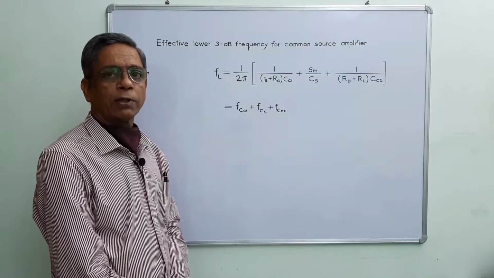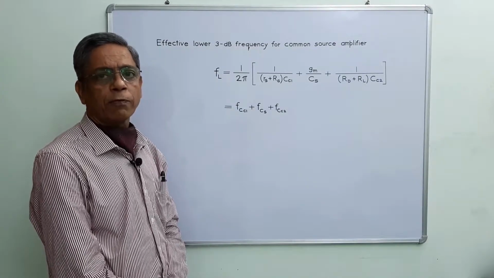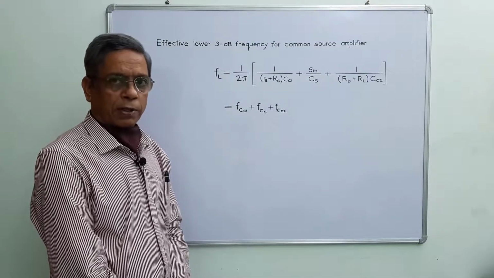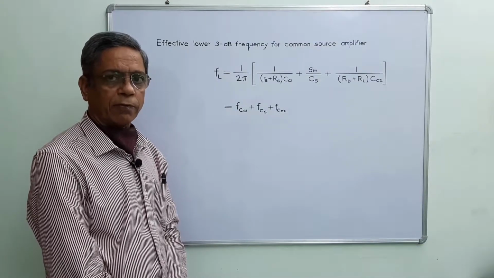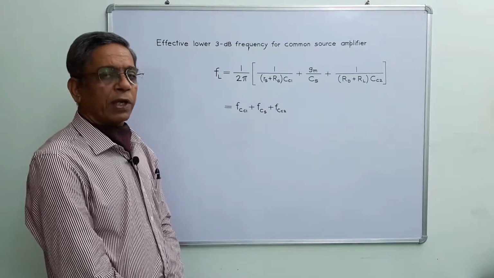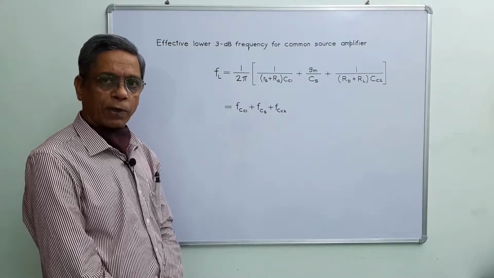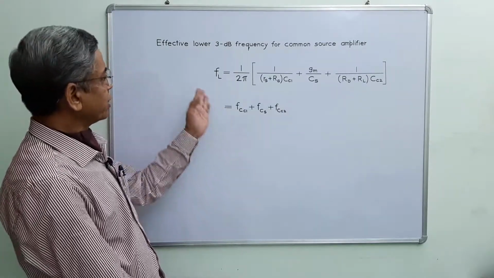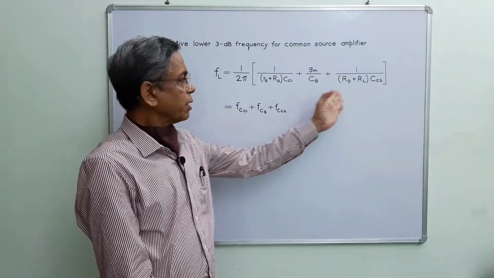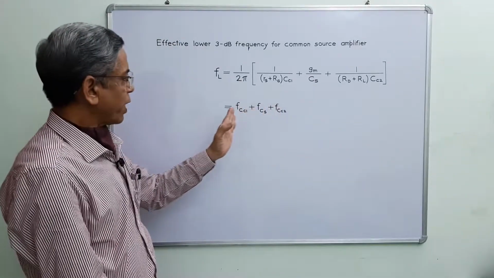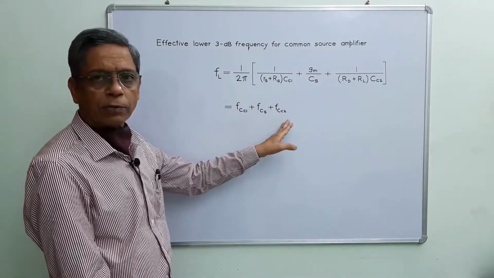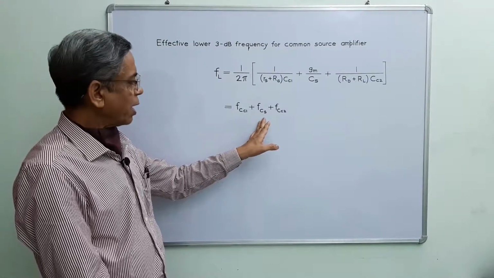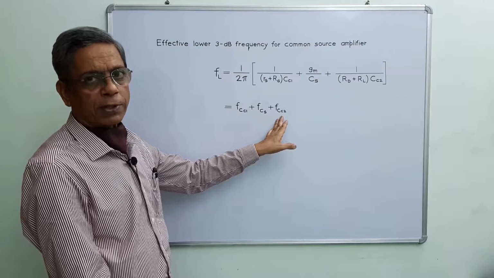Till now we have derived the expressions for the time constants for the coupling and bypass capacitors. As per the short circuit time constant method, we can write the expression for effective lower 3 dB frequency for the common source amplifier at low frequency band. This is a complete expression, and it is in fact the summation of these three frequencies corresponding to coupling capacitor CC1, the bypass capacitor, and coupling capacitor CC2.